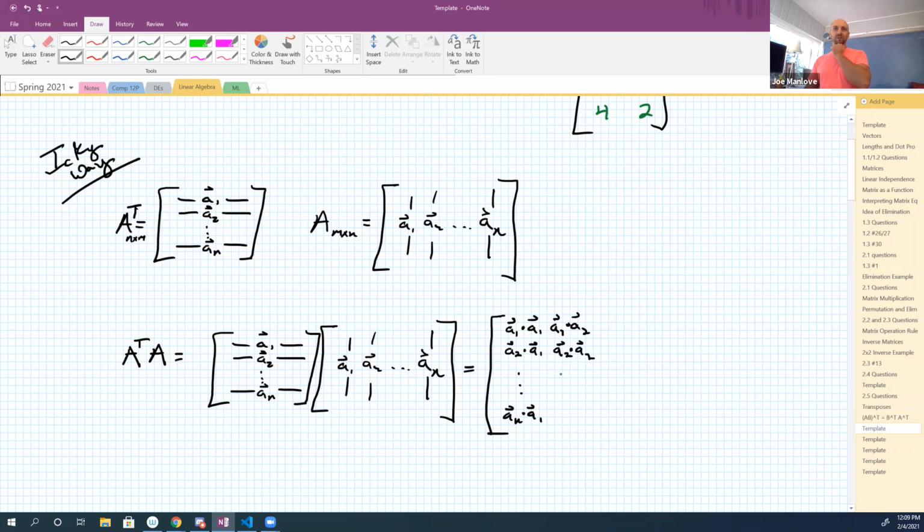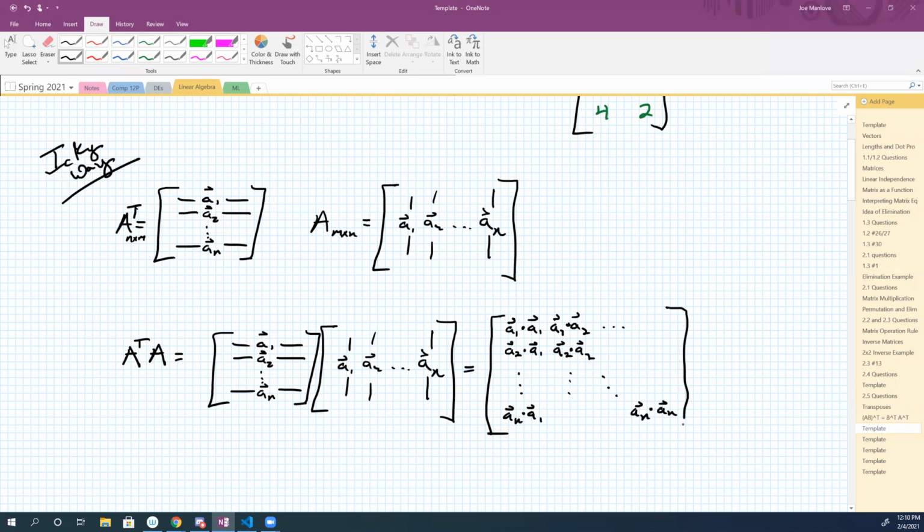And it'll follow this same kind of pattern, where the diagonal is A1 dotted with A1, A2 dotted with A2, A3 dotted with A3, and so on. And then across the diagonal, you're going to get a mirrored image. So down at the bottom corner, I'm going to get AN dotted with AN, and up here, A1 dotted with AN. And I think it's pretty clear that this is symmetrical.